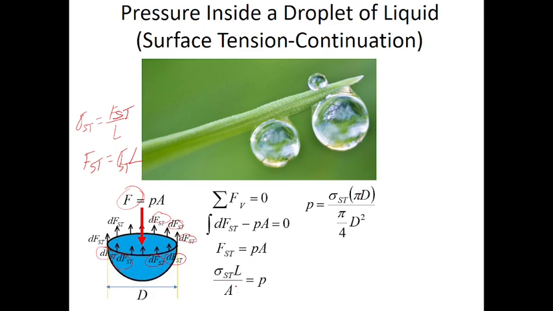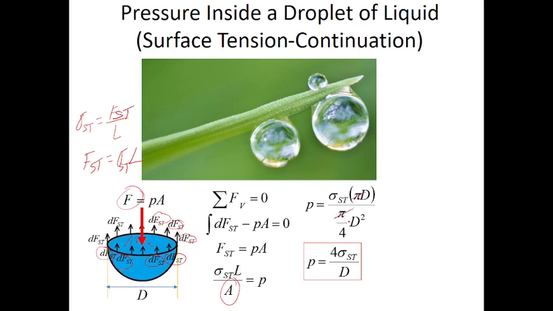And then we divide by the area, which is perpendicular to the force. Since it is a circle, the area in terms of diameter is pi d squared over 4. Okay, and then we have now this equation. So cancel.